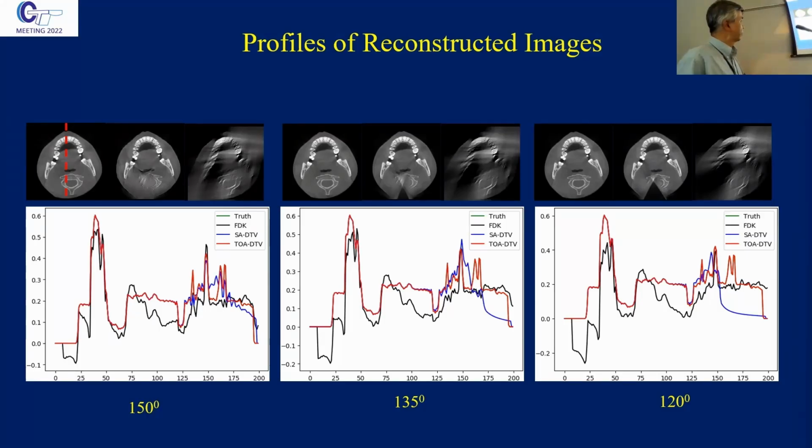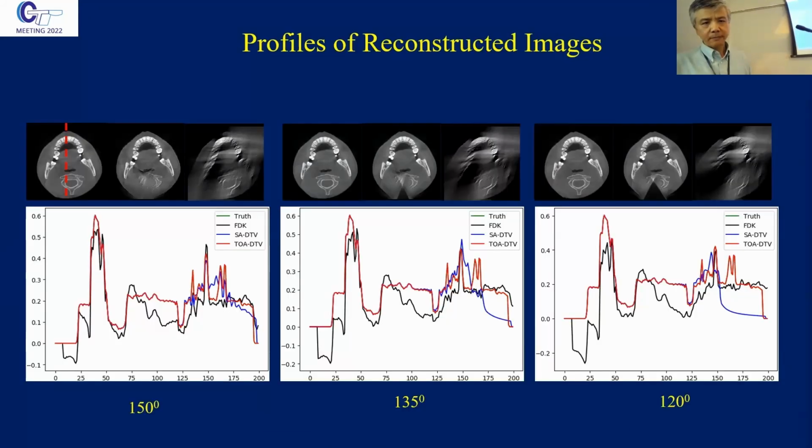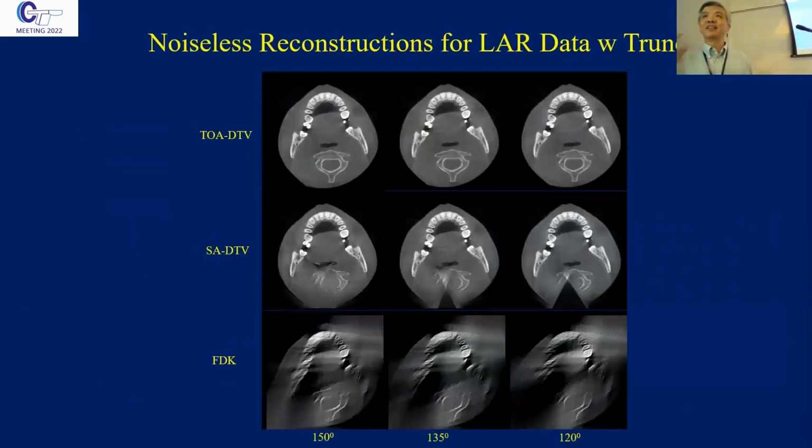All right. So this is the profiles. Look through one of the lines through the image, and it looks like you can push the limit to 120. Of course, some region is not going to be good. The lower parts can have some problem because of the way the angular range is scanning. For this particular object we set up the scanning angular range that way because people are mostly interested in the teeth and the bones there.